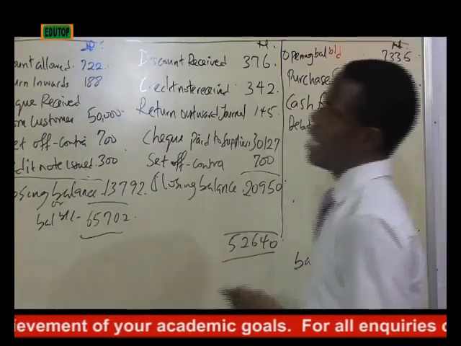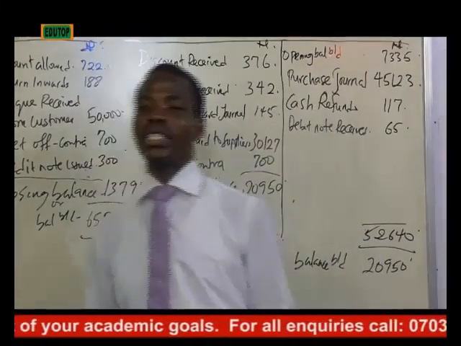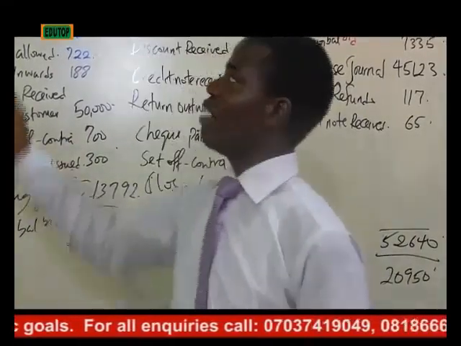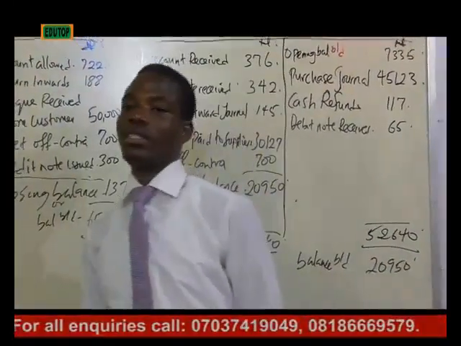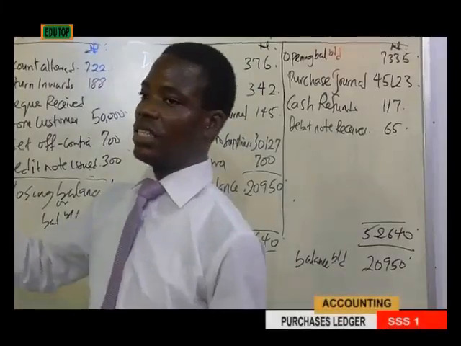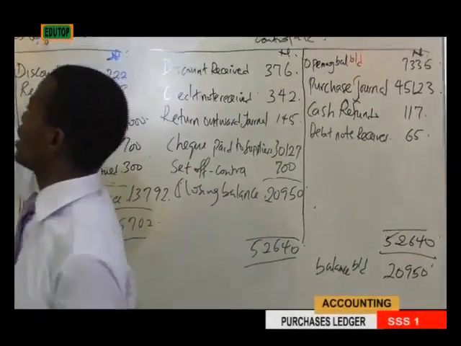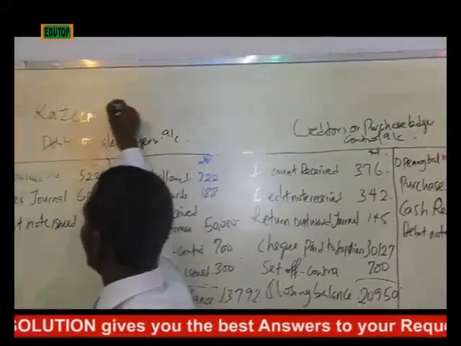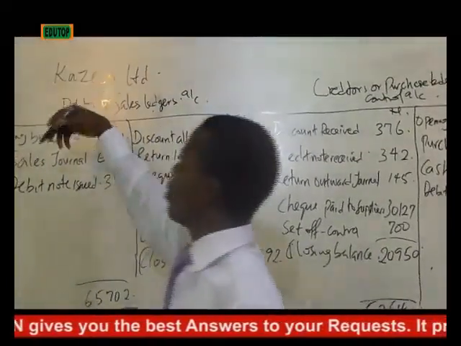795. And don't forget, if you are given a kind of question like this, it must have a heading. And these headings, the question said, Kazim Limited. So you must put it at the top so that they won't reduce your mark.